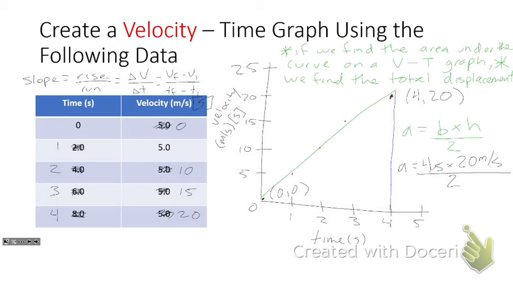And what units are we going to be left with? Meters, which is perfect because that is the unit for displacement. Yay. Hopefully that was full circle right there, and a few connections were made. So 4 times 20 is 80, divided by 2 is 40 meters. So my displacement is equal to 40 meters south.